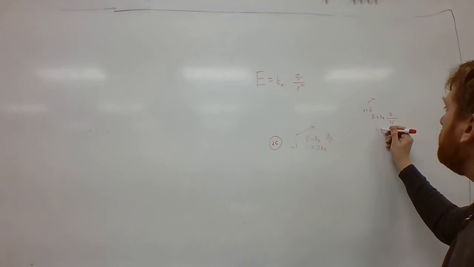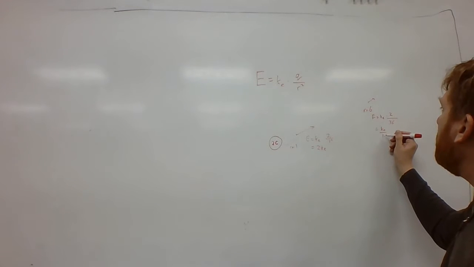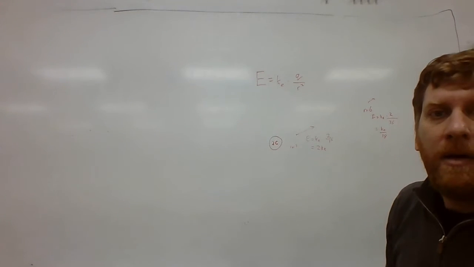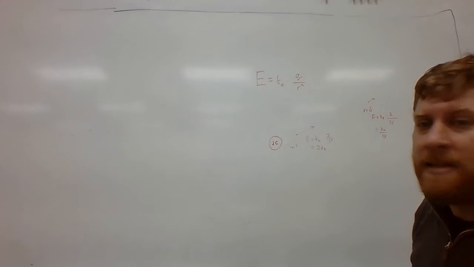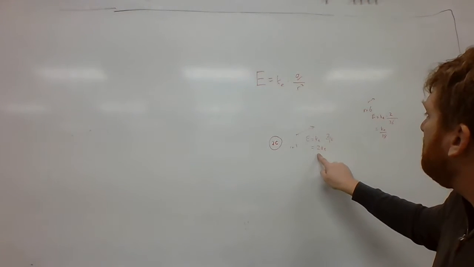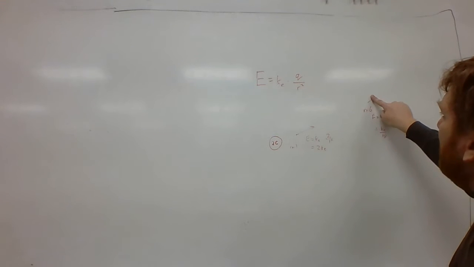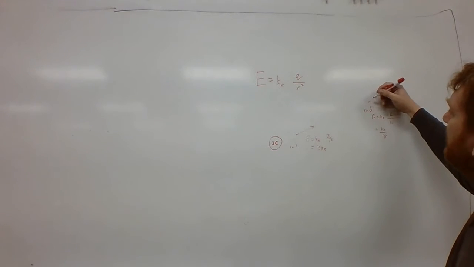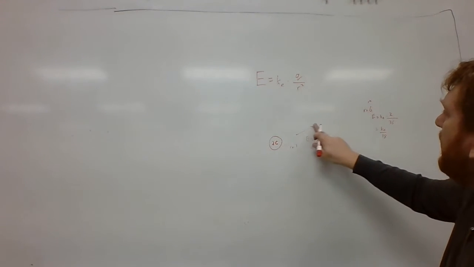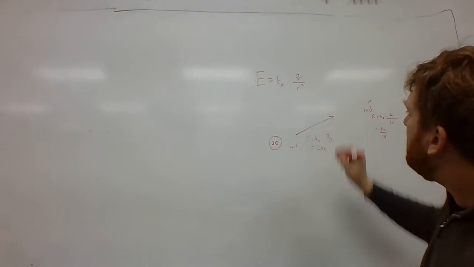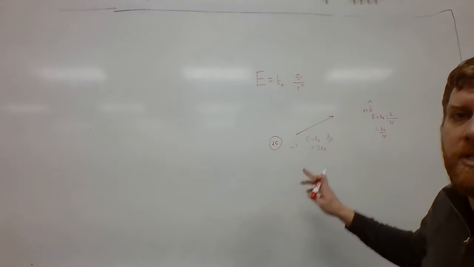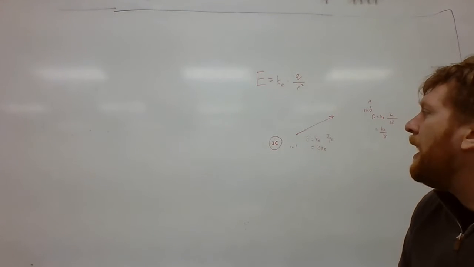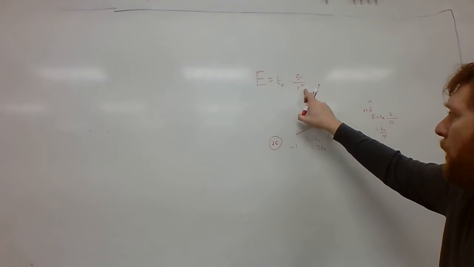So that's equal to K sub E over 18. So if I were to now redraw these vectors with correct lengths, this one would be 36 times longer than this one. The fact that this one is 6 times as far away makes it significantly weaker. The electric field still points away from that point, but it's weaker since it's further away.